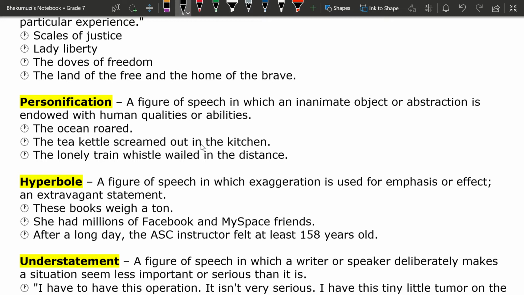Oh, an ocean can't roar per se. It's actually just wind pushing the waters, but the ocean roared. The only thing that roars is like a lion, right? So they have given this inanimate object, the ocean, the characteristic of roaring, right?